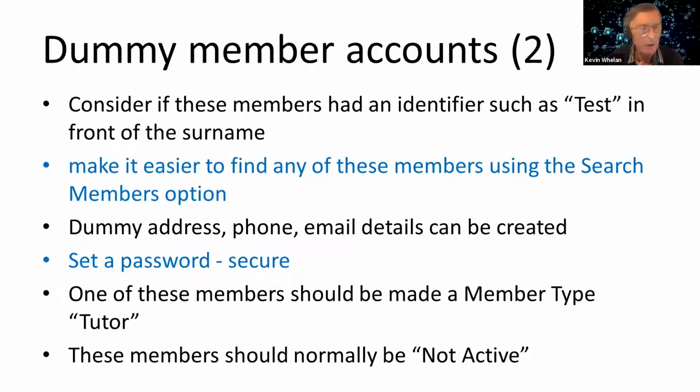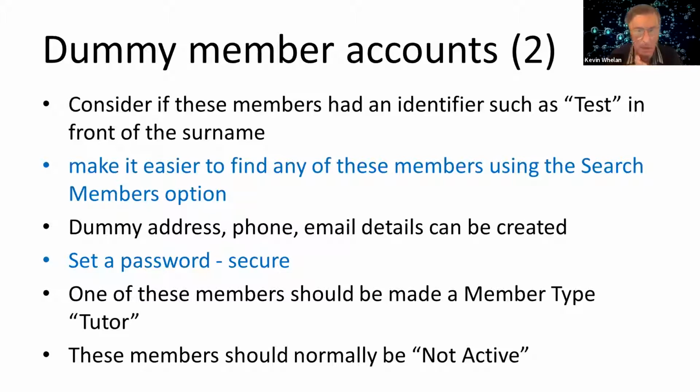In my case, if I wanted to make a dummy member out of my name, I could call it Test Whelan and have the two names together. The value of doing that is that if you want to create a few of these members, and you've got to remember who they are, it's easy to go into your search function and just do a search on surname for Test, and you'll find them.